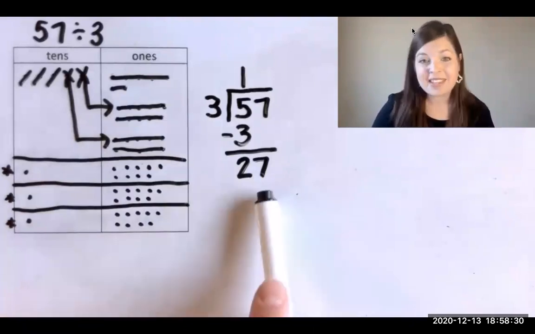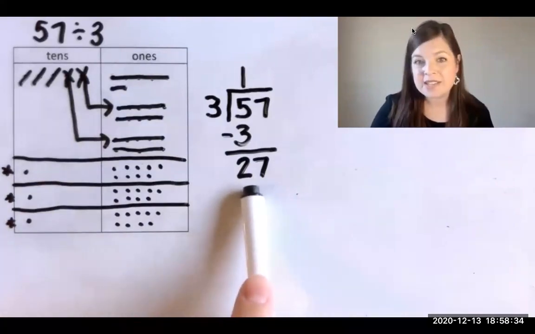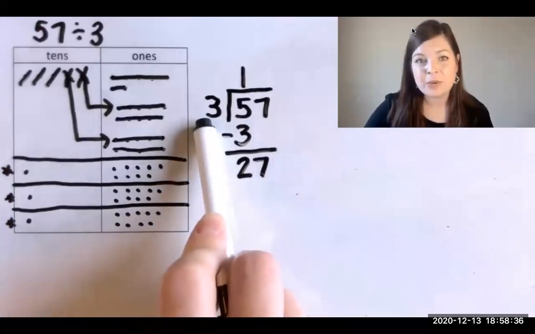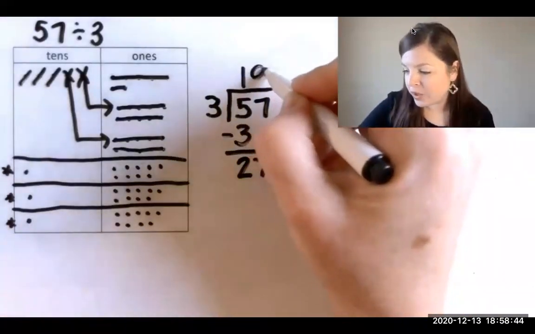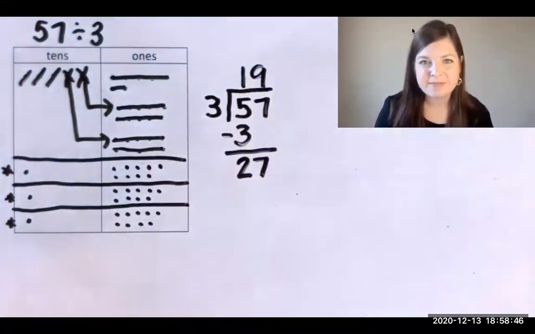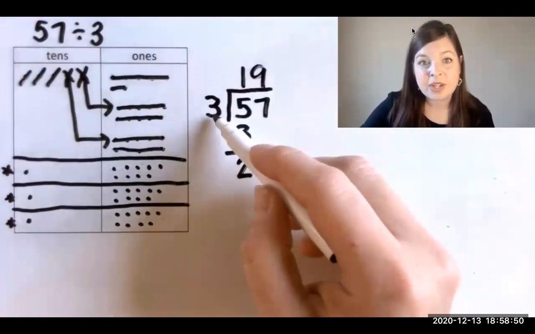Let's show that same thinking in our long division. We had 27 ones to share equally with 3 groups. How many ones are in each group? 9 ones are in each group, so we can record 9 ones in the quotient. We shared 9 ones with each of 3 groups.